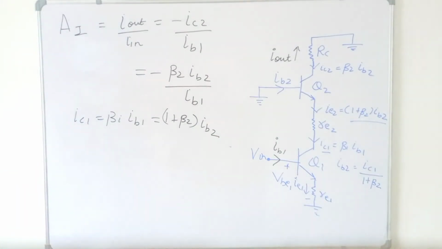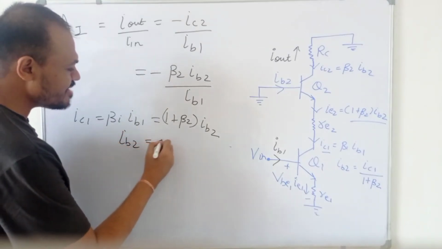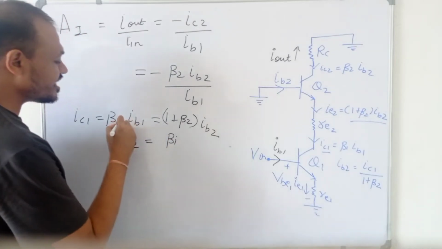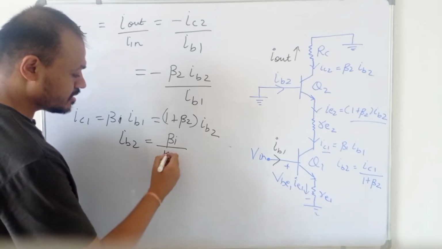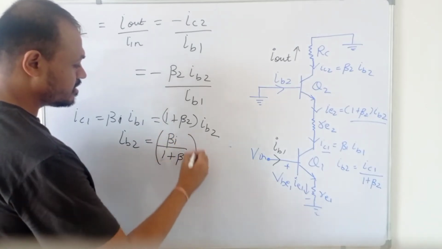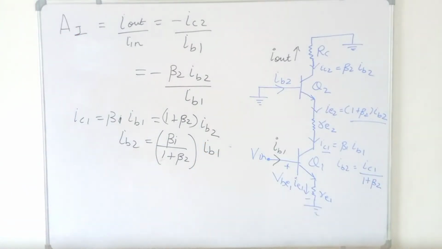If you find the value of IB2 from here, IB2 will be equal to beta 1 upon 1 plus beta 2 into IB1.